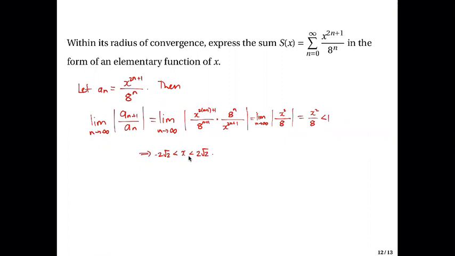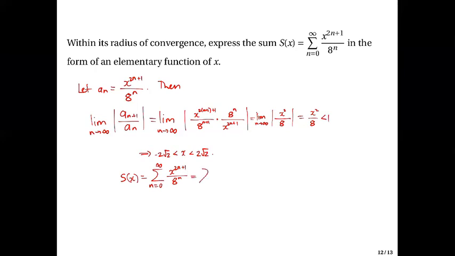So now from here, assuming that x is in between these two numbers, let's look at our s of x. Our s of x is equal to the sum from n equals 0 to plus infinity of x raised to 2n plus 1 over 8 to the n. What we're going to do is separate this x to the 1.